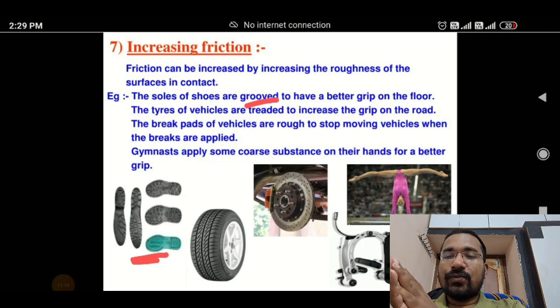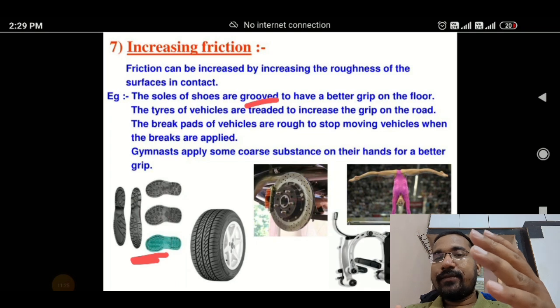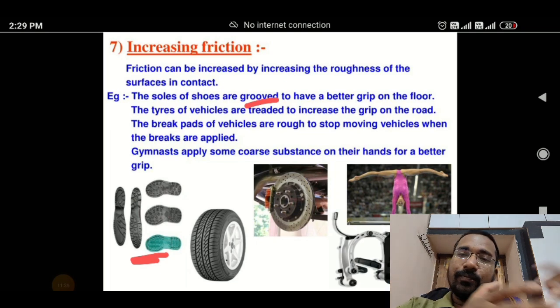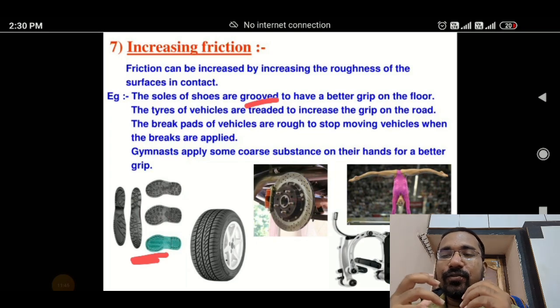Okay, to increase friction, when we turn, the friction keeps the car on the road. If there is no friction, possibly it will fall down. Like a brake: if we don't apply the brake, why would it stop? If we apply the brake, it increases friction and it will stop.